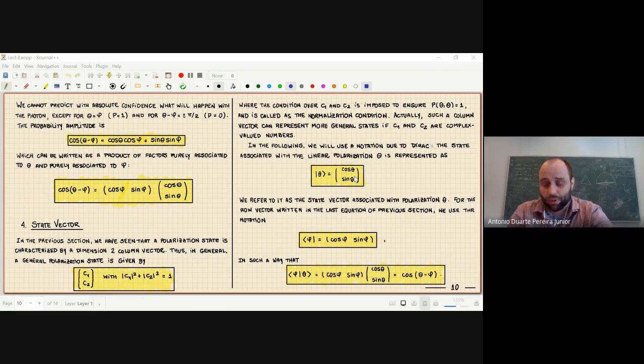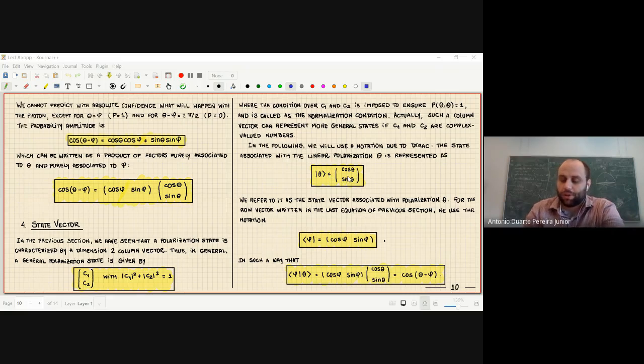I will call this state, this vector, by using this weird bracket here: a bar, theta, and this funny bracket.